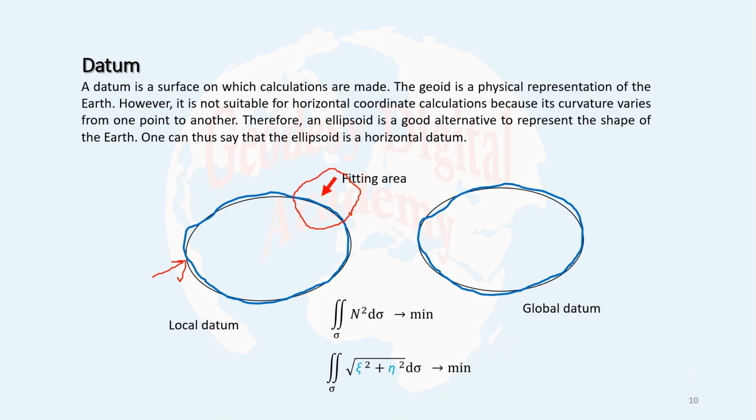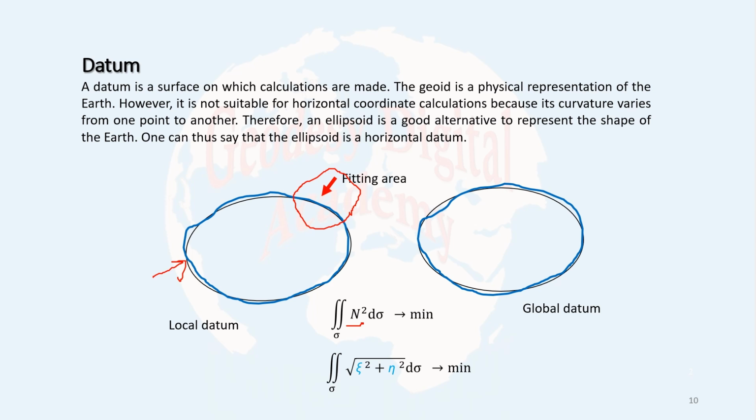This fitting is done based on the least squares principle. Least squares says that the residuals, the summation of the squares of residuals, should be minimized. The geoid can be a residual because, if we consider that the ellipsoid is an average value for the geoid, then the differences between the geoid and ellipsoid are residuals, and we will square them and take the summation.